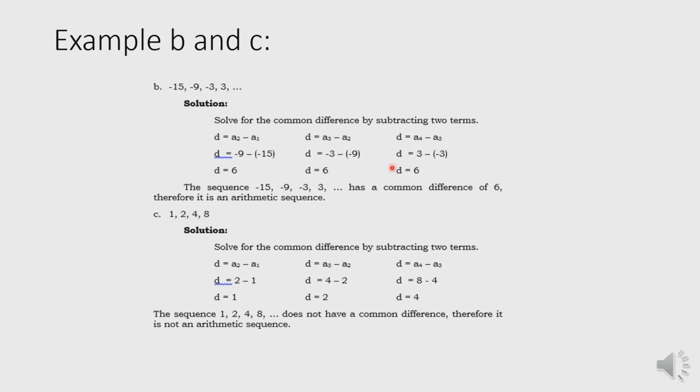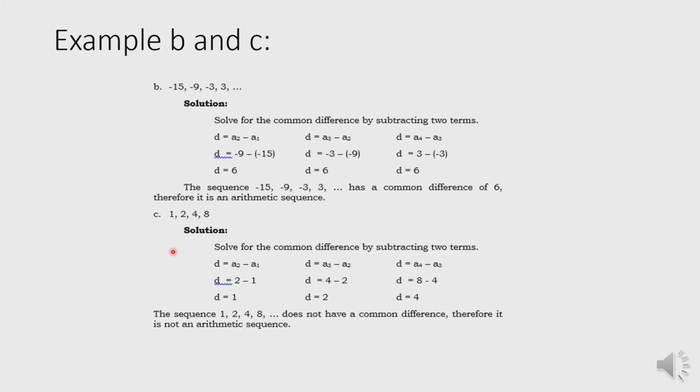Still, you have a difference of 6. Therefore, since there is a common difference of 6, the sequence negative 15, negative 9, negative 3, and 3 has a common difference of 6. Therefore, it is an arithmetic sequence.